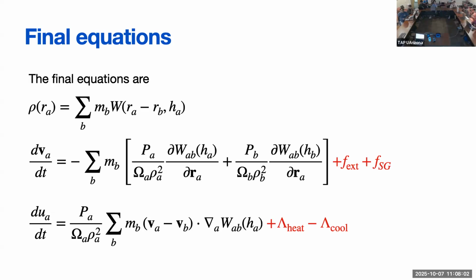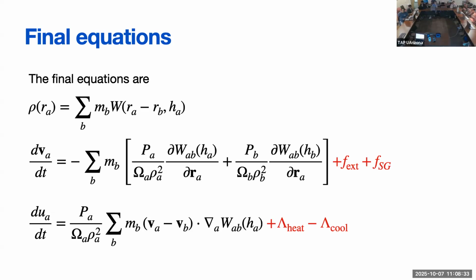I showed you before. And also, for example, for the evolution of the internal energy, we can add some heating terms due to whatever processes you want to think about, irradiation from stars, or cooling terms, for example, radiative cooling. Of course, all these terms need to be discretized in the correct way, following this SPH formalism.